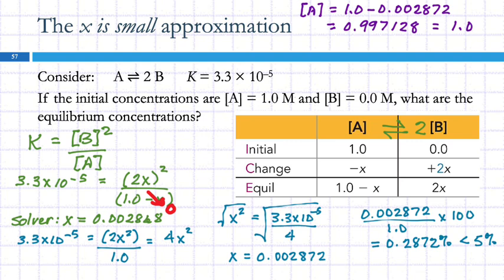And then the concentration of B is 2 times x. So 0.002872 times 2. Is that right? 0.005744.